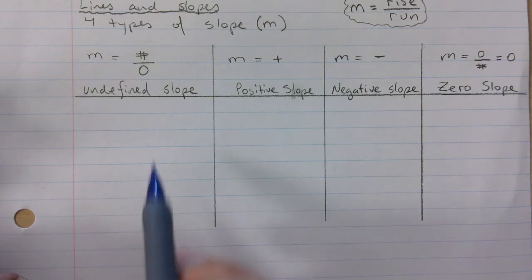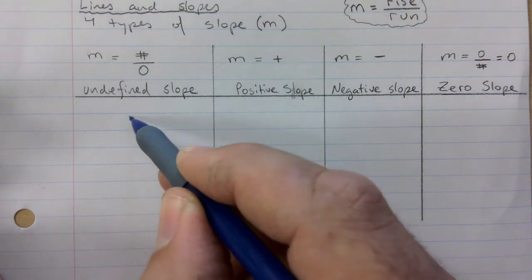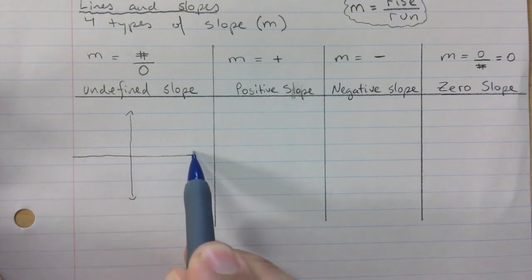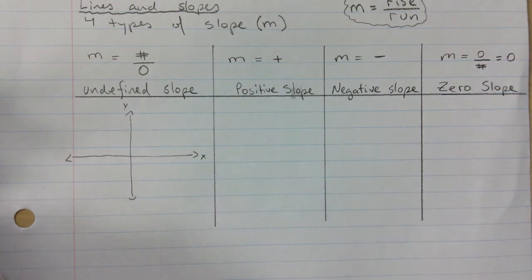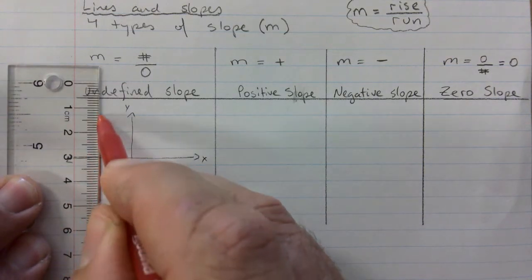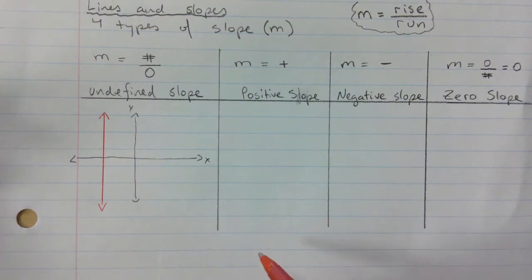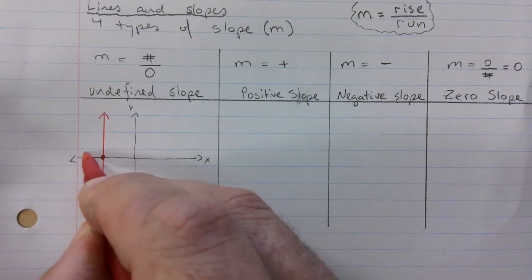Okay, so for the undefined slope, we're just going to do a little x and y axis here. This is your y-axis, this is your x-axis. And I'm going to use red for the actual line just so you can see it. So let's say you have a vertical line. And by the way, if you have an undefined slope, that is what it looks like. It's a vertical line. And let's say this particular line goes through x is equal to -2.